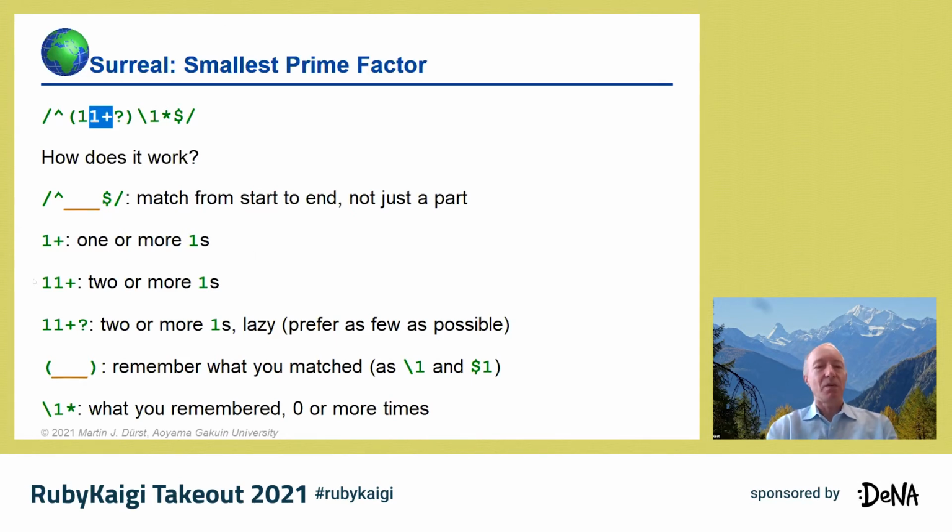Then 1+ followed by a question mark means 2 or more ones, lazy: prefer as few as possible. And then the parentheses say, remember what you matched and make this available as \1 inside the regular expression and as $1 outside. And then the \1 star says, whatever you remembered, 0 or more times.